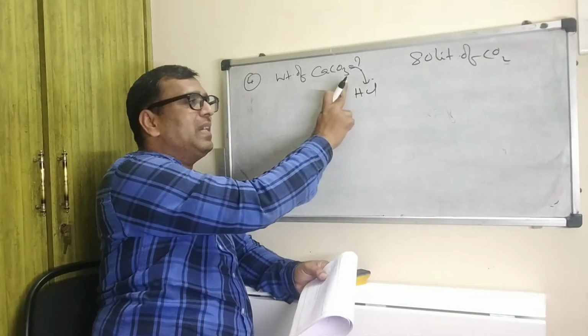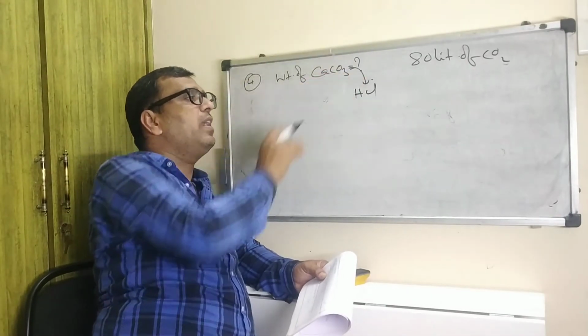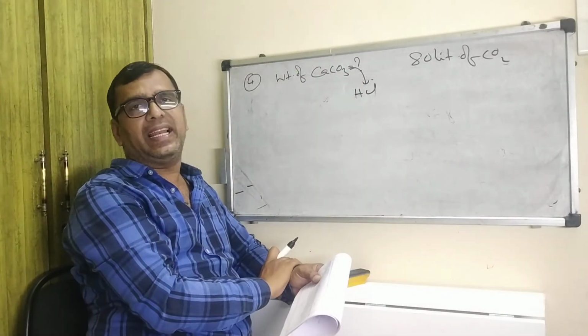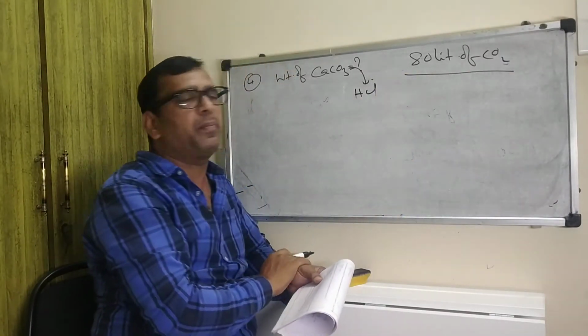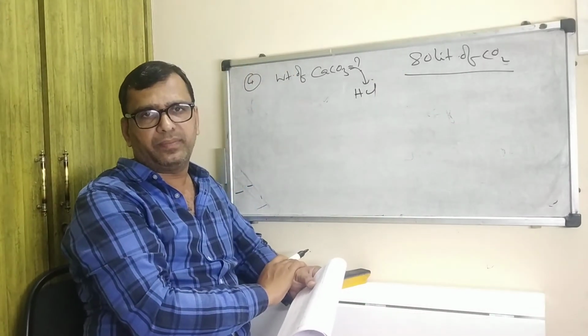So this calcium carbonate is dissolved in HCl, hydrochloric acid. Here 80 liters of carbon dioxide gas is liberated.